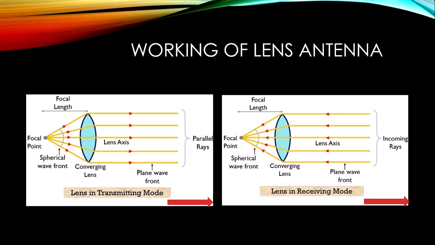If any one of you has seen a parabolic reflector, the energy emitted from the feed element, which is present at the focus of the reflector, reaches its surface and converts the spherically radiated microwaves into plane waves. So it improves the directivity.